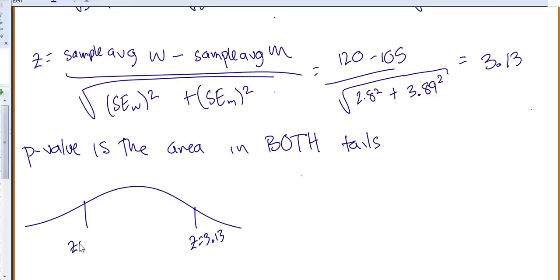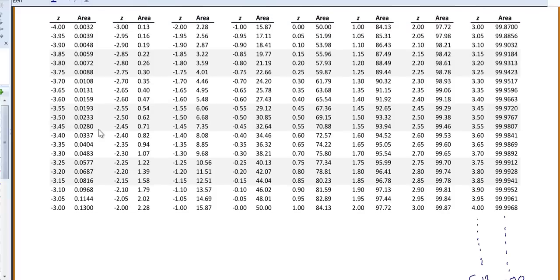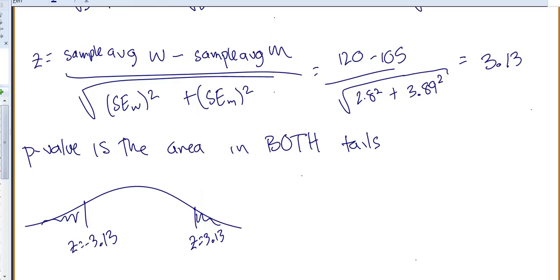Here is Z equals negative 3.13, and we want to find the area in both tails. If I look up negative 3.13 on my normal table, the closest would be this negative 3.15. So the area to the left is 0.0816. And that means the area in the right tail, due to symmetry, is also 0.0816.